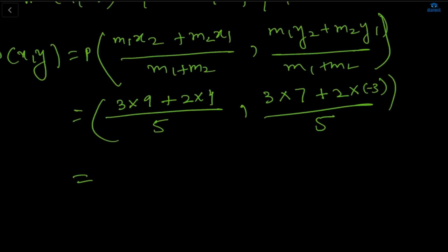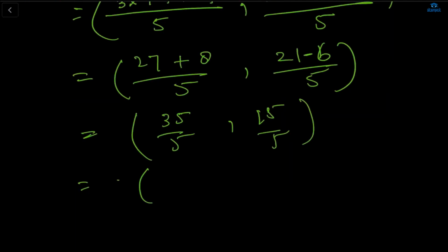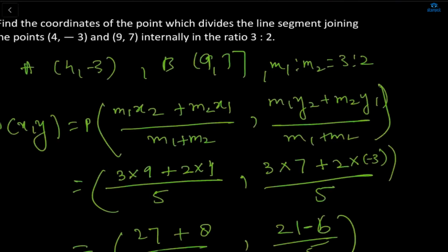So it will be (27 plus 8) by 5, and (21 minus 6) by 5, which gives 7 and 3. So the value of P is (7, 3). So (7, 3) is the required point which is dividing the line segment AB in the ratio 3:2.